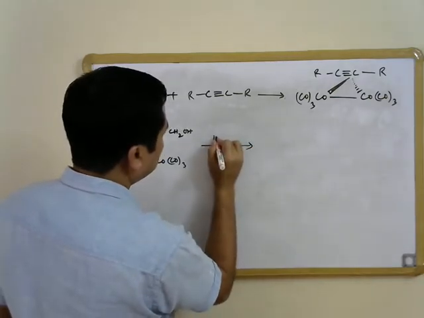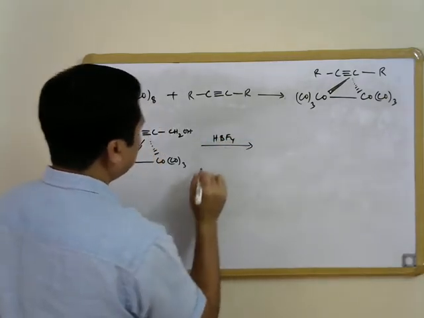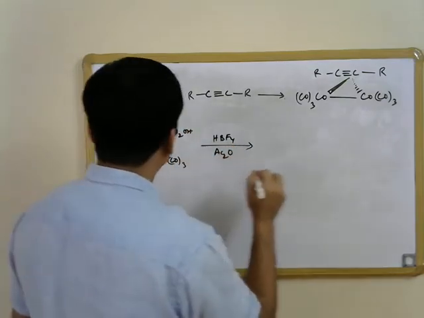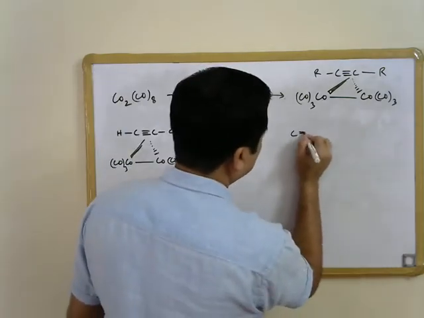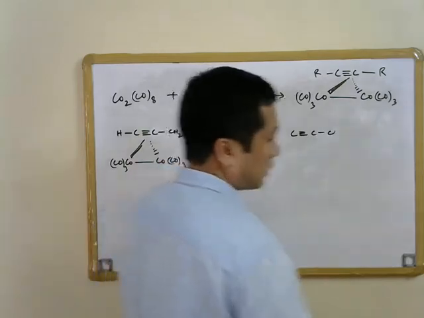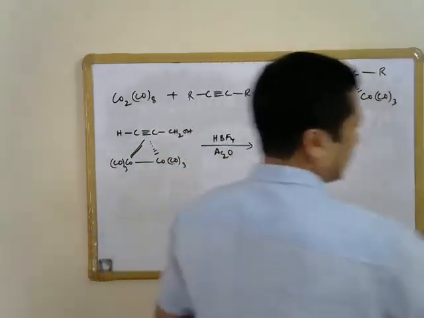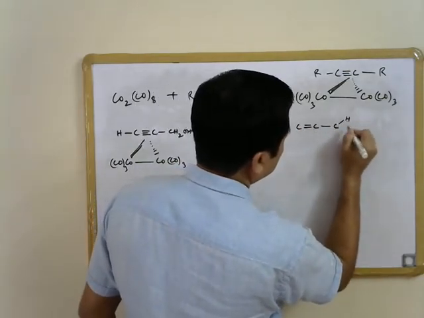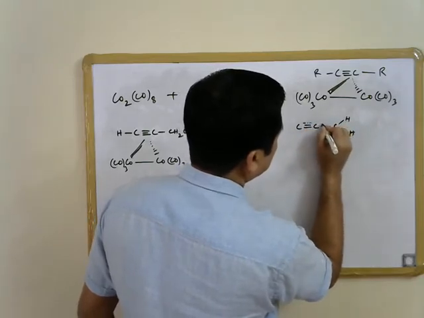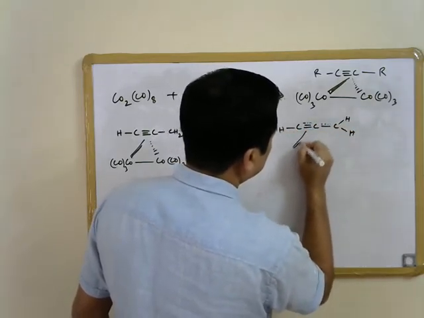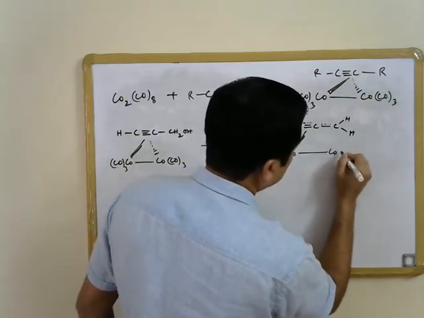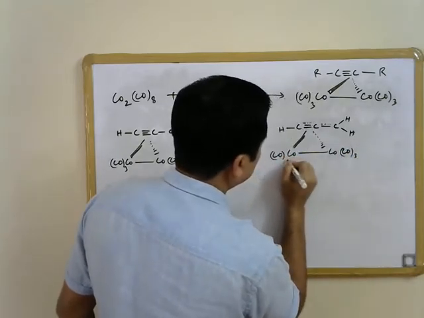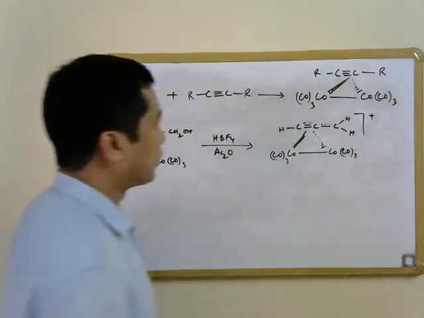That is, if you treat it with a strong acid, you can remove the OH substituent, and from the propargyl cation, the complex is going to be positively charged.